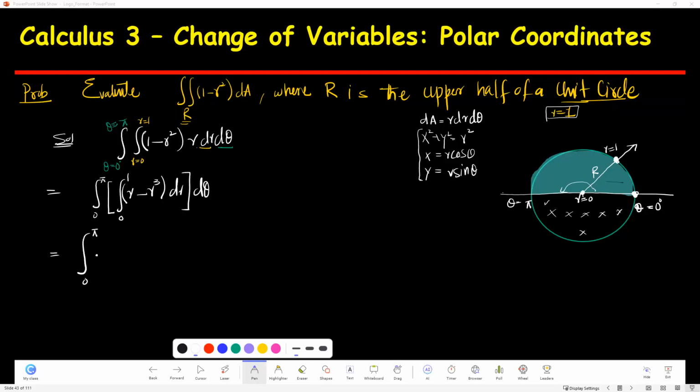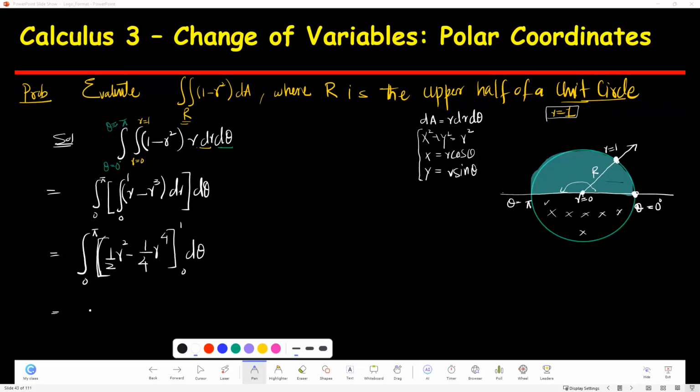0, 1, then 1 over 2 r squared minus 1 over 4 r to the fourth, parenthesis close, from 1 to 0, d theta.